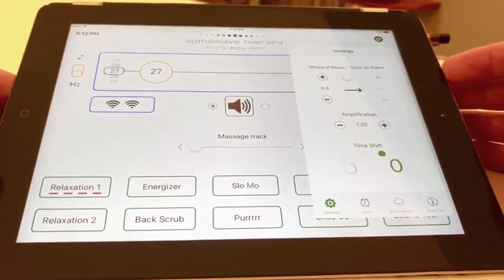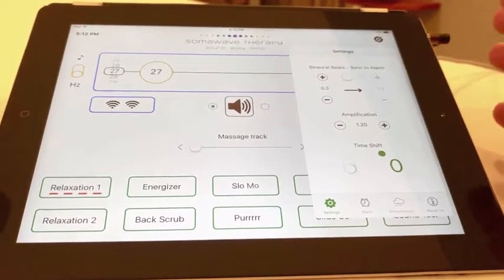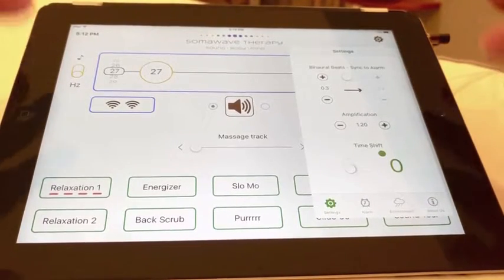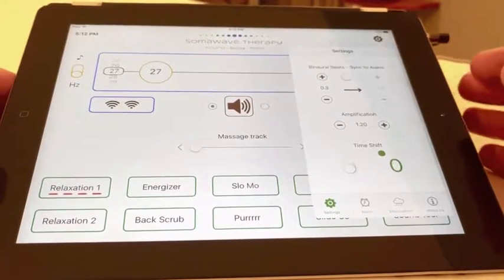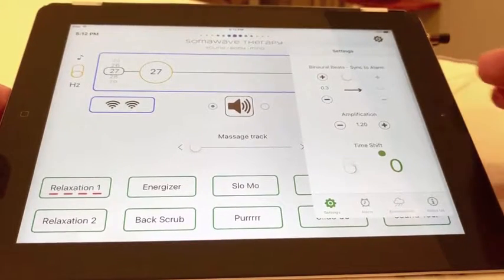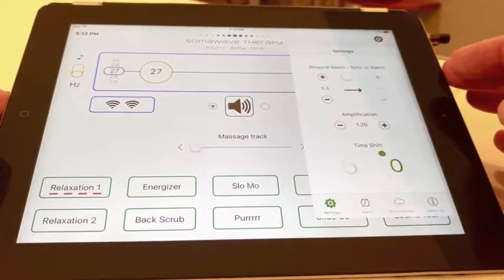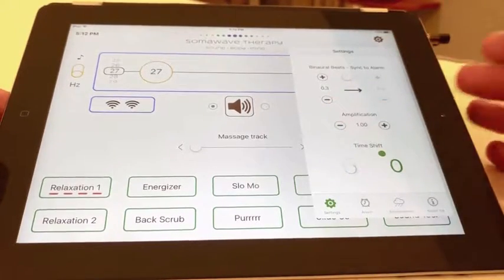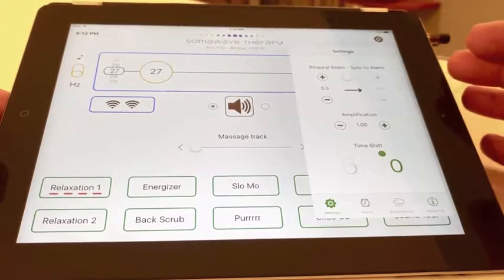I have one client with some anxiety issues, and when she comes in for a massage, there are days when she can handle vibration or volume. She came in the other day and she was extremely stressed, and I had to drop the volume as low as it would go, 1.0.